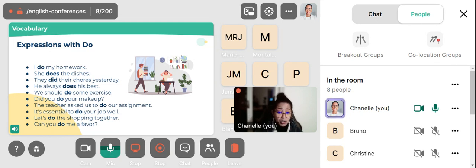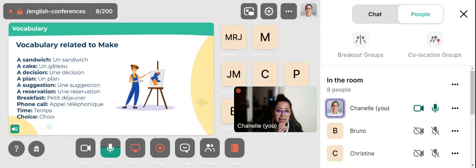It's essential to do your job well. Let's do the shopping together. Vous pouvez voir the shopping, ça veut dire que c'est un nom, c'est pas un verbe. Can you do me a favor? D'accord? And you will see I do, you do, he or she does. Troisième personne, ça change. Il y a une ES à la fin. And did, c'est le passé simple. Okay?